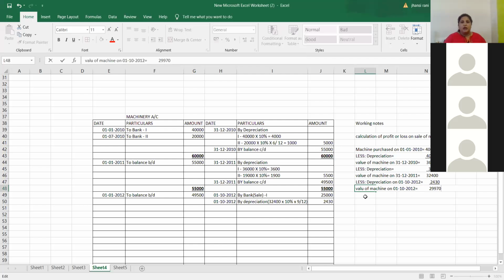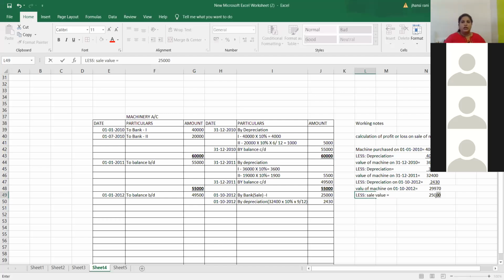Okay. And now less sale value. Sale value of machine is 25,000. So if you look at here, the actual value of our machine is 29,970 and the sale value is 25,000.